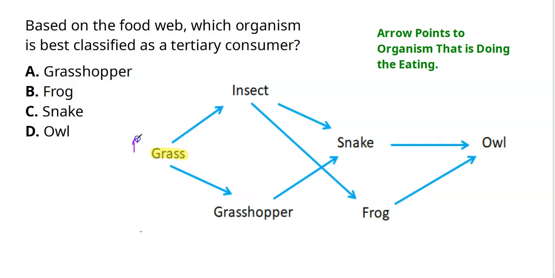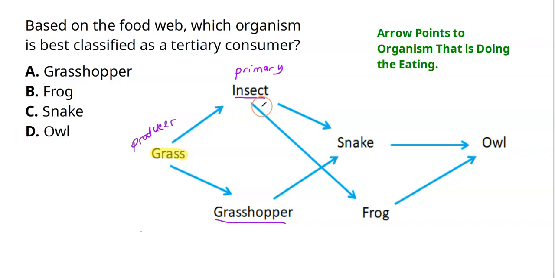So this is the producer. Then the primary consumer eats the producer. We've already established that. That's the insect and the grasshopper. So those are both primary. I'll just write it once.